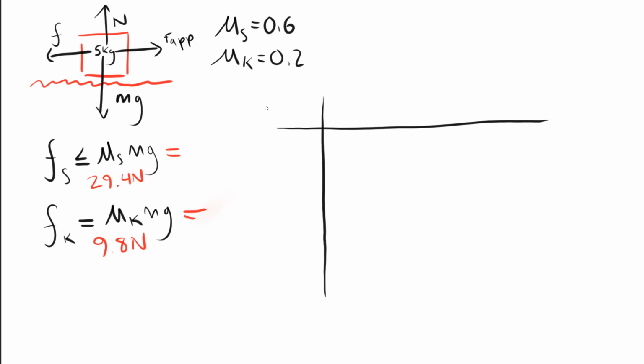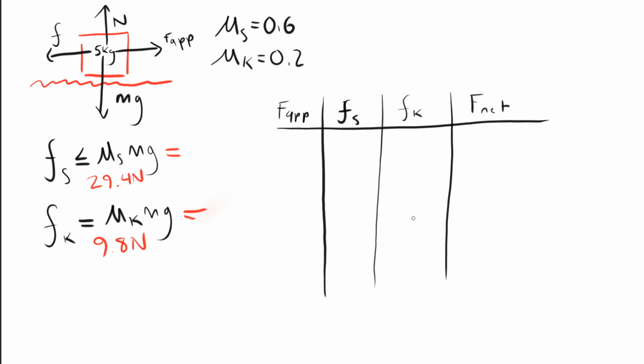In this table, we're going to have our different forces. We're going to have the applied force, F app. We're going to have the static friction as another column. We are going to have the kinetic friction as a third column, and we are going to have the net force as our final column.